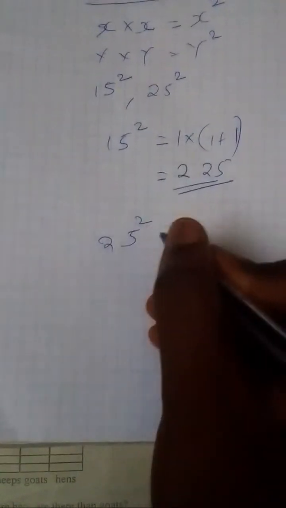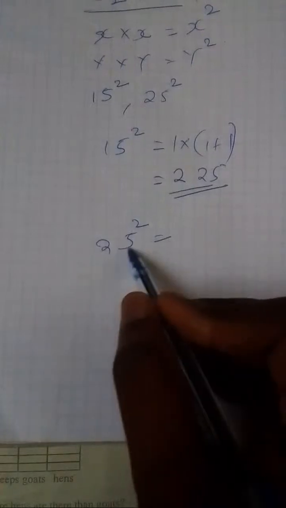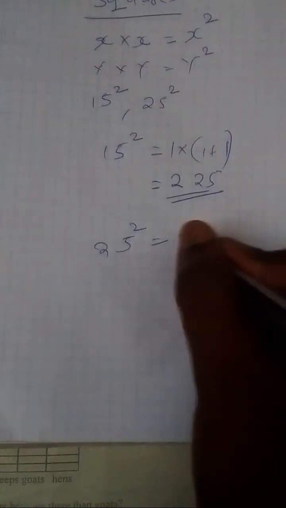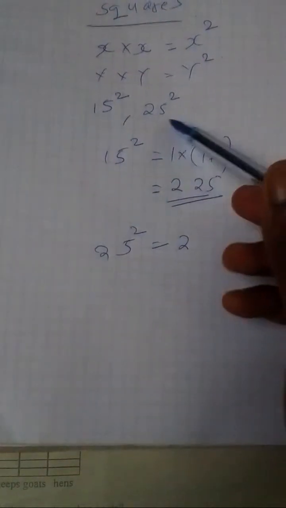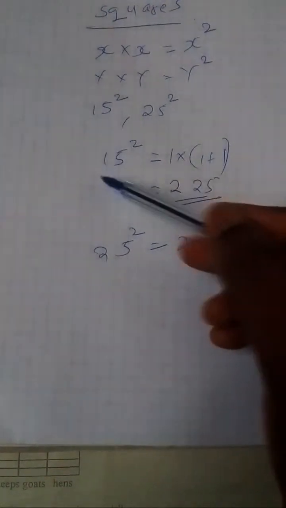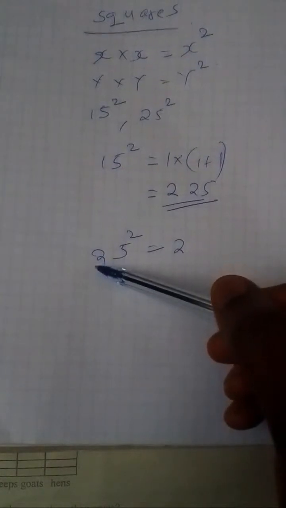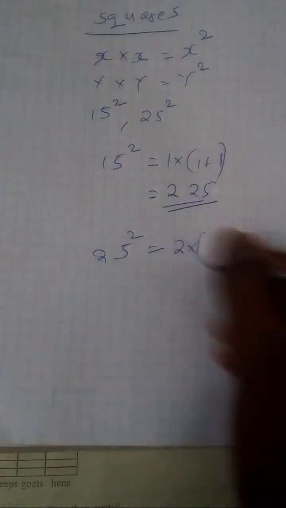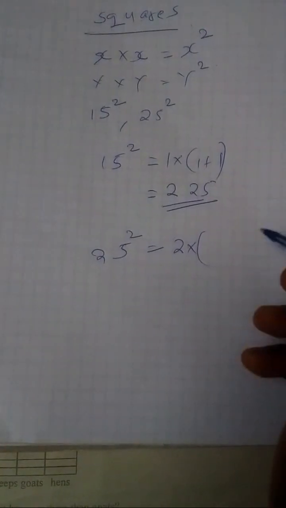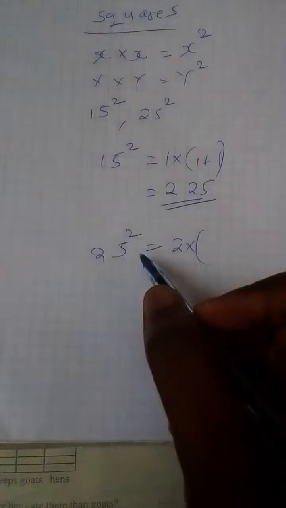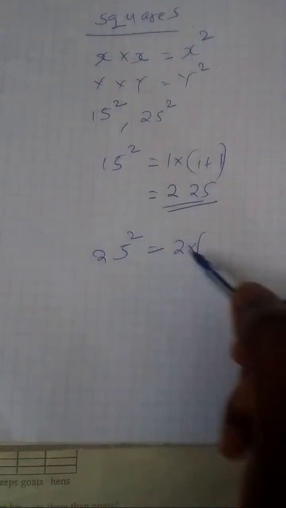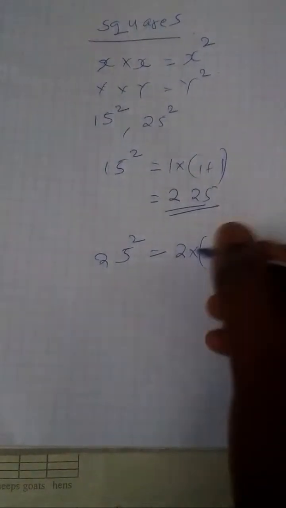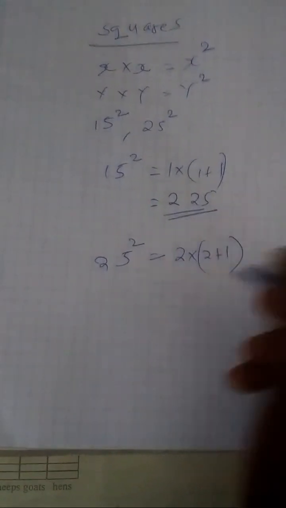Like 25 squared is equal to, you see the digit 2, the same way we worked out this one. The first digit is 2, so we put here 2 multiplied by, then into bracket we have this 2 plus 1.